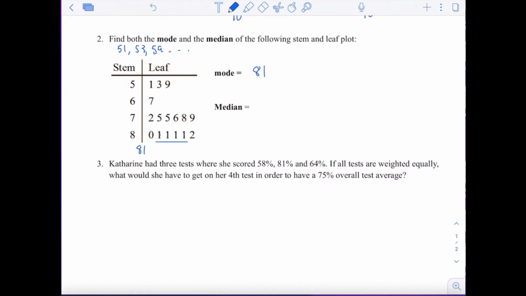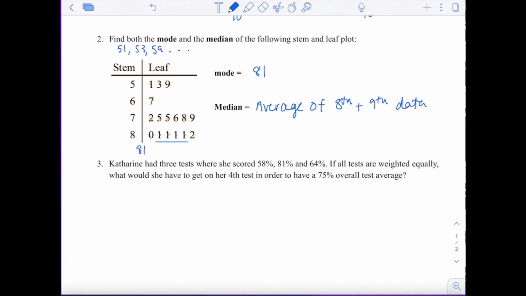Now for the median, I have to figure out how many numbers there are. 1, 2, 3, 4, 5, 6, 7, 8, 9, 10, 11, 12, 13, 14, 15, 16. So I need the average of the 8th and 9th pieces of data.